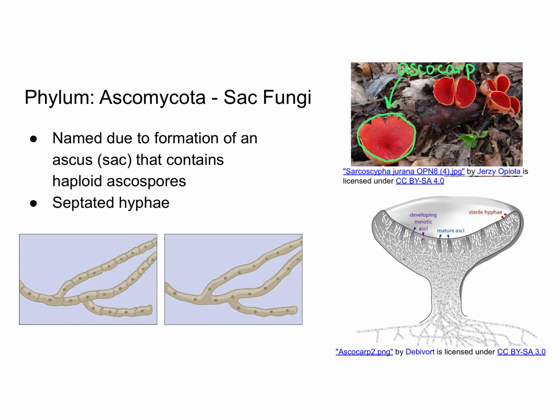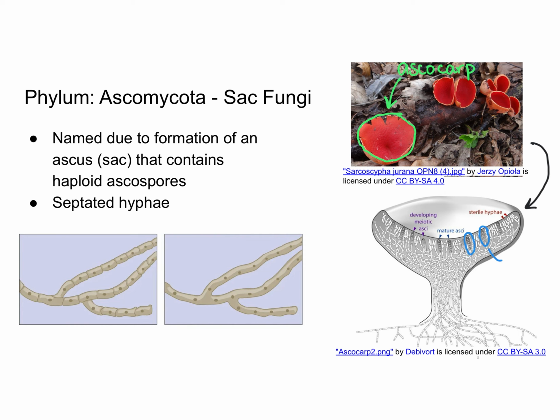Now we can take a closer look at one of these ascocarps. This picture shows a cross section and zooms in to show the microscopic structures that make up this fungus. You can see within this mushroom there are these sac-like structures.